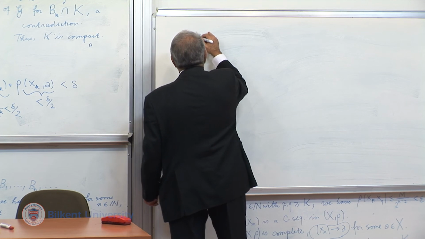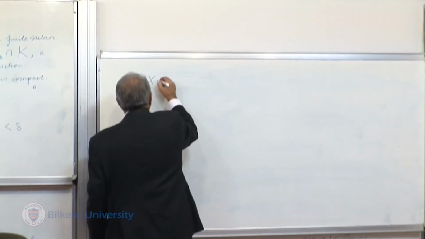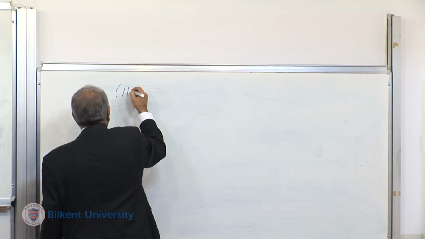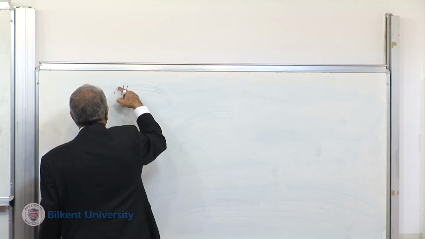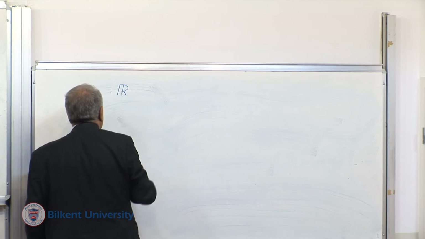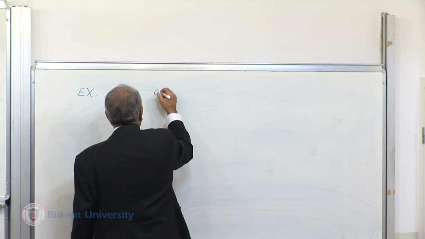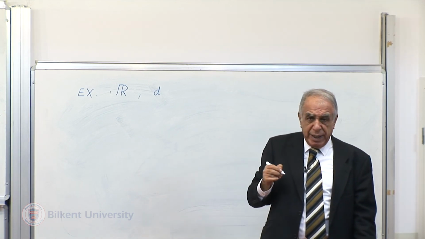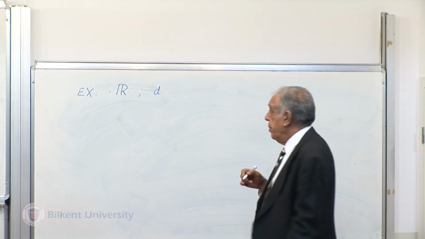Well, there are, of course, various examples, but here we take this on R. One of the metrics we'll consider is D, the usual metric. The other will be this.